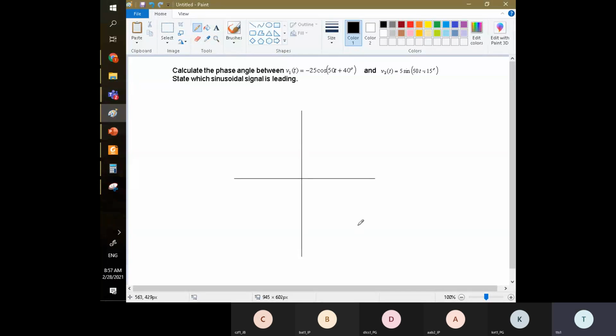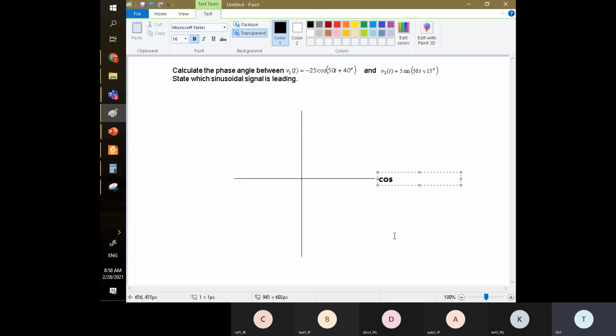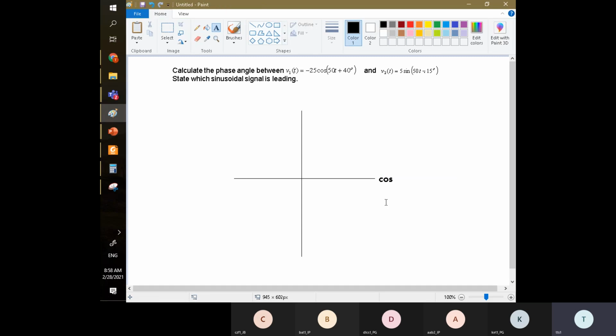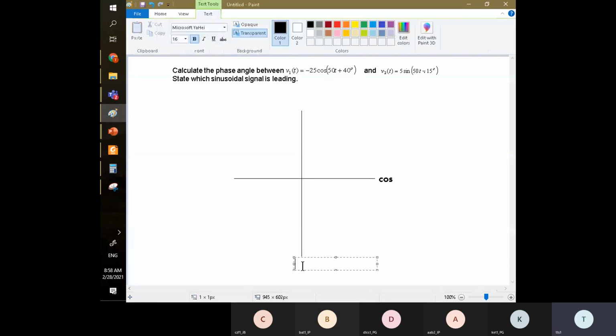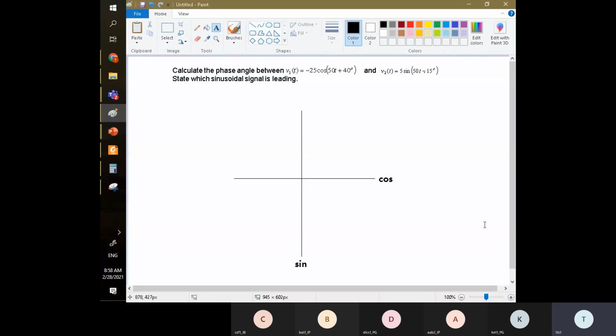And you need to remember, when it comes to the AC system, we put the cosine here. Cosine and sine are separated by 90 degrees, as you know. Cosine is on the x-axis, sine is on the y-axis. Okay, we just start by drawing this cross here.